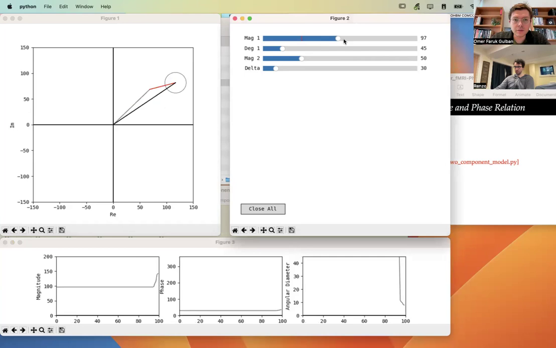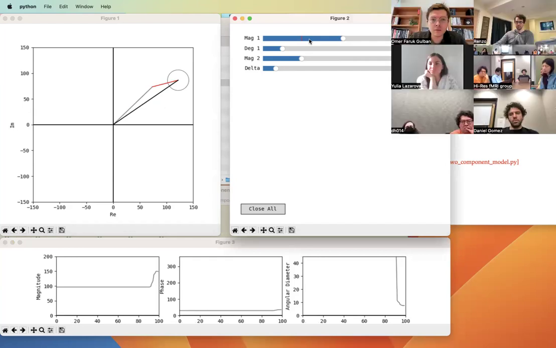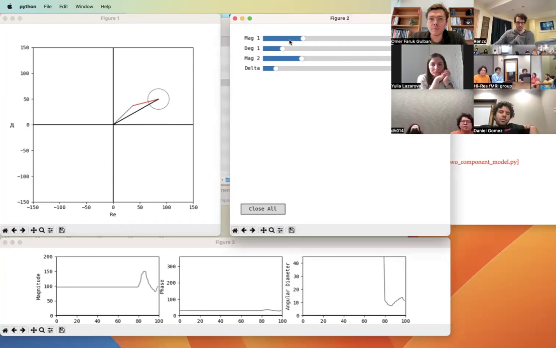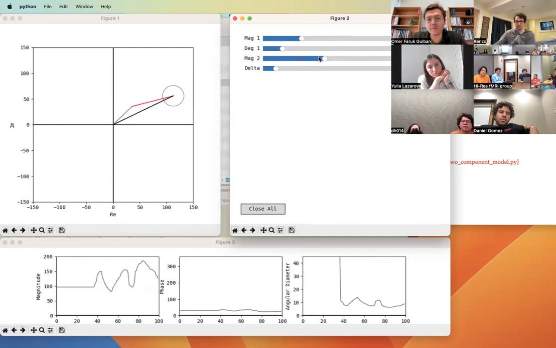And just to show you around, if you have more blood in your voxel, or intravascular signal in your voxel, this red vector will grow.